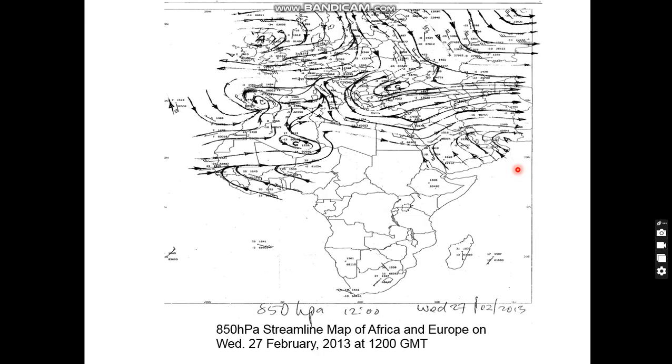This is the map of 850 hectopascal streamline analysis for Africa and Europe, on 27th February 2013 at 12 GMT. As you can see, the map is of low resolution, so we decided to crop it, and we have done two maps: North Africa and Europe, and then Western North Africa.